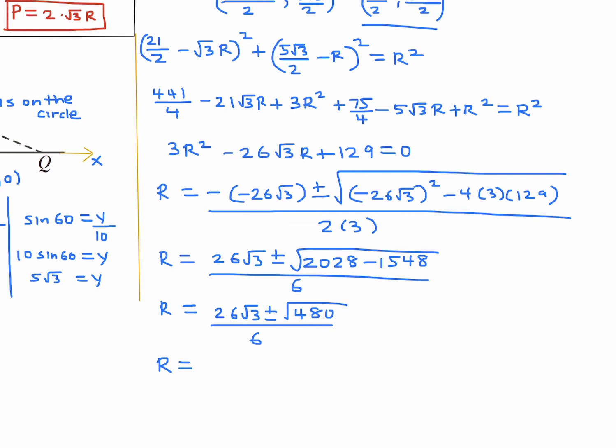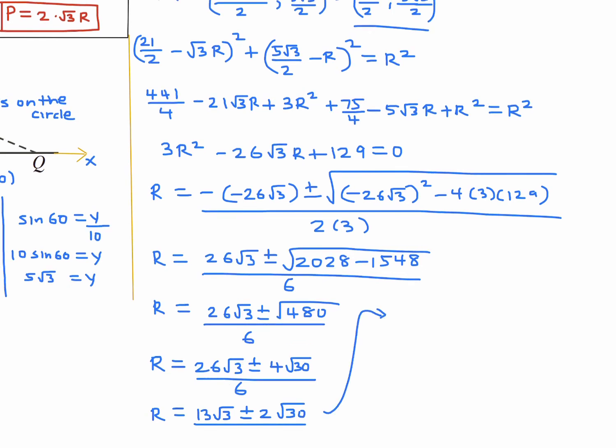And this is going to be 26 root 3 plus or minus 4 root 30, all over 6. And if you simplify this as much as you can, you will get 13 root 3 plus or minus 2 root 30, all over 3.